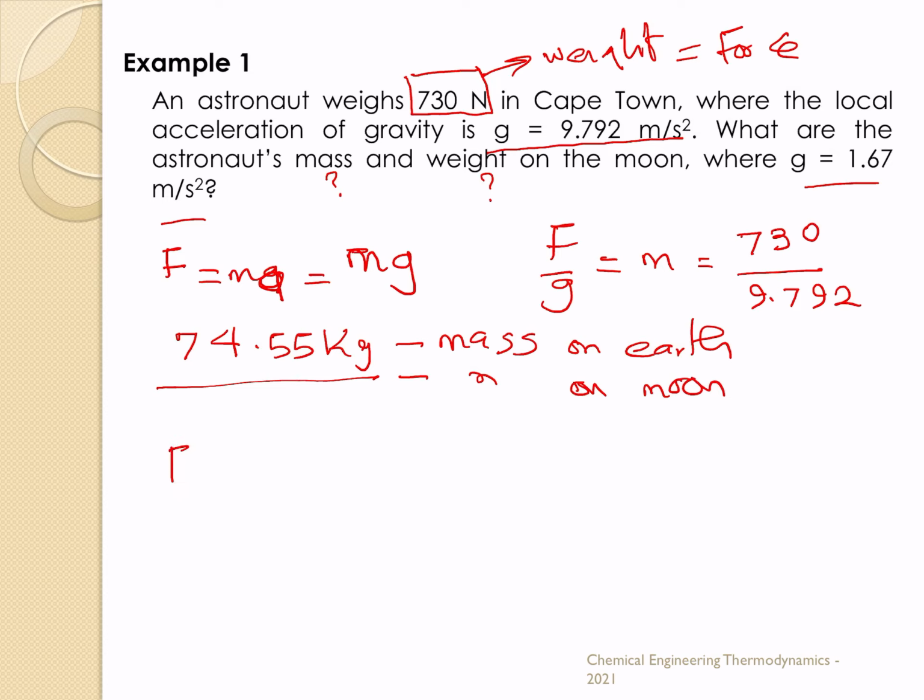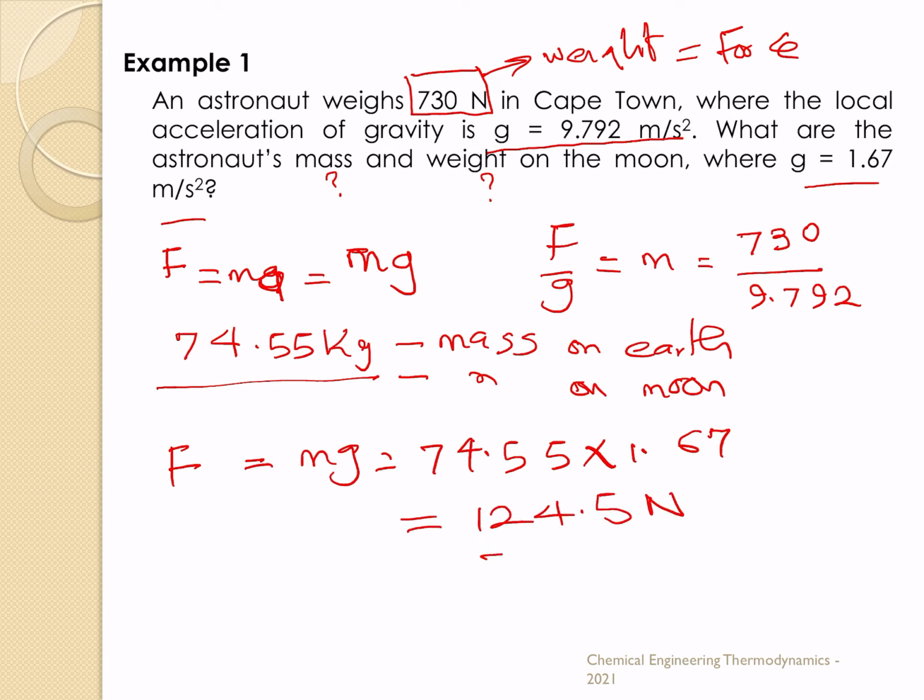So we've got F equals mg. If we take 74.55 and multiply it by the g on the moon, which is 1.67, that should give us 124.5 Newton.